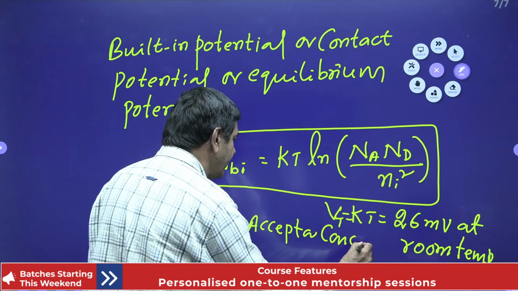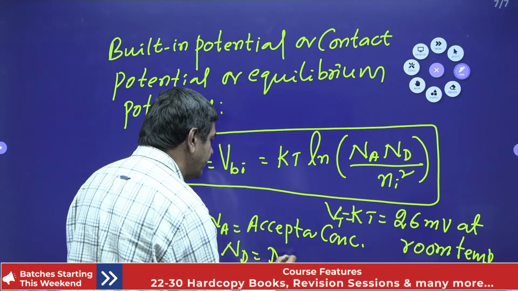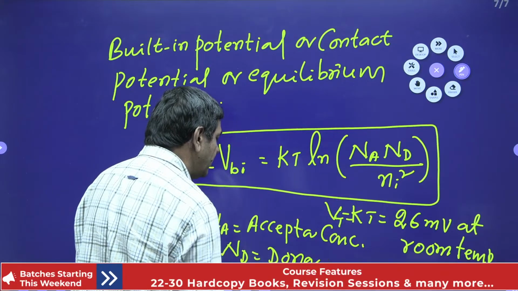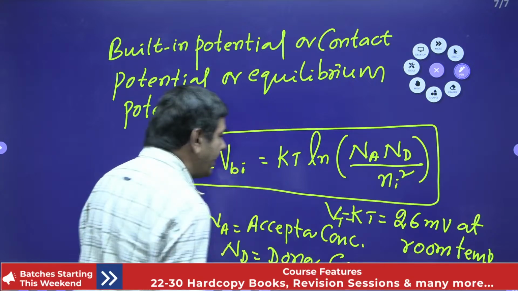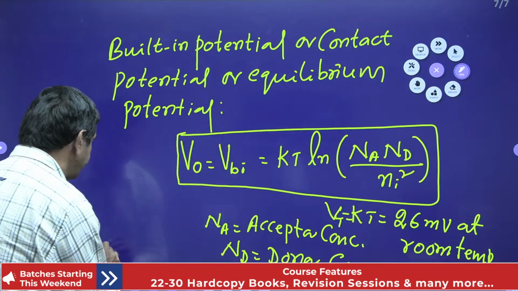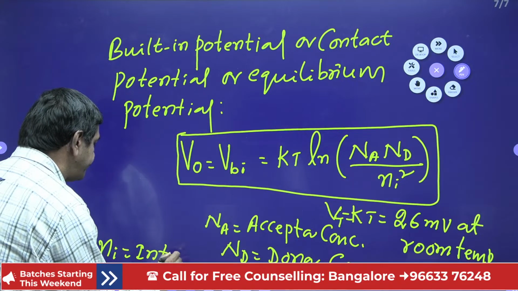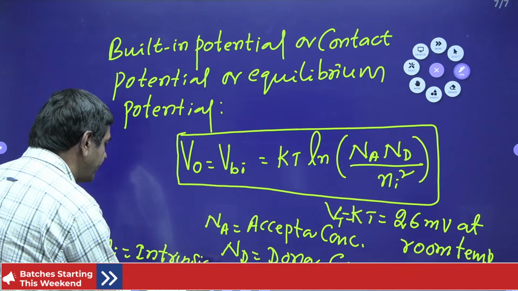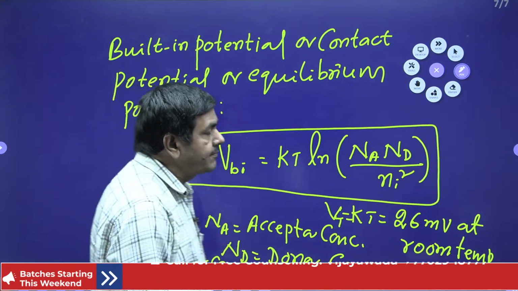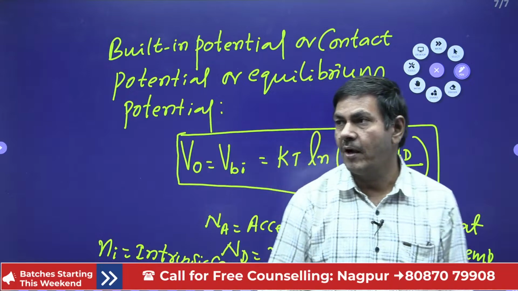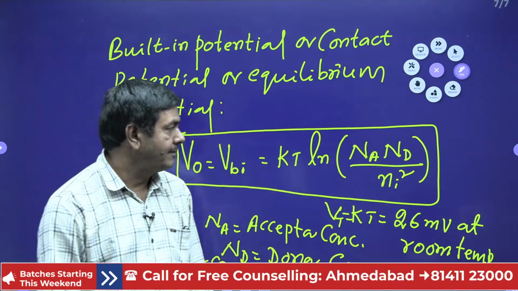ND is the donor concentration. Ni equals the intrinsic concentration.